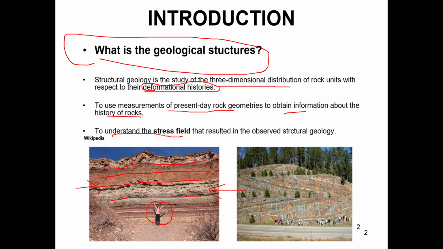This flat bedding will be changed, can be reshaped due to this stress. So in this example of the bedding planes, you see it is overturned like this. So this is how it originally was, in flat conditions.